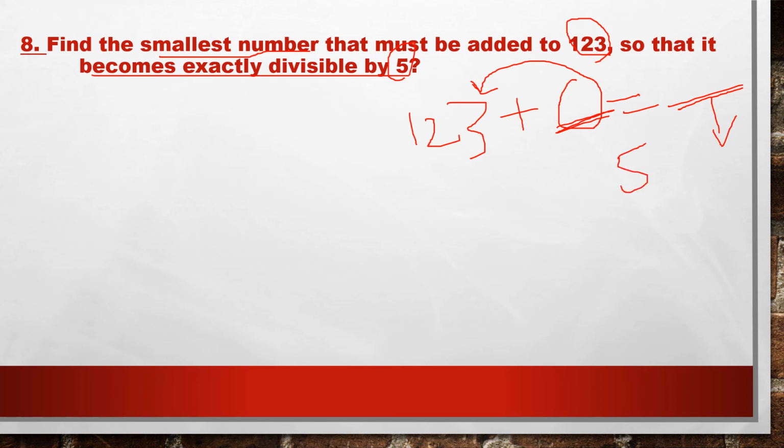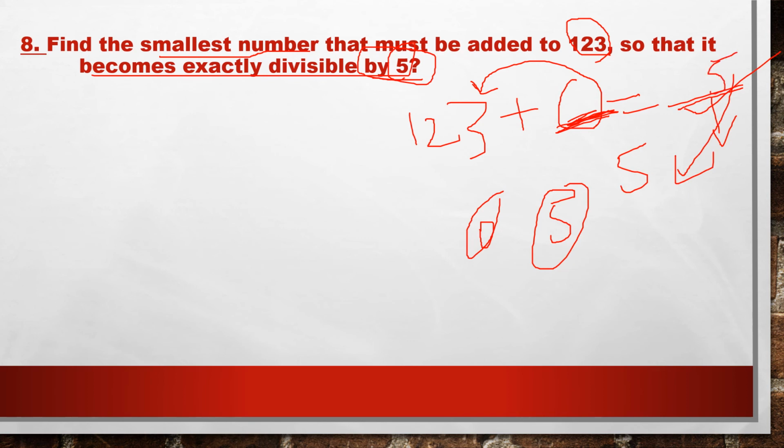He gave a condition that it should be divisible by 5, which means the last digit should be 0 or 5. So here you should add some number so that your last digit is 5.